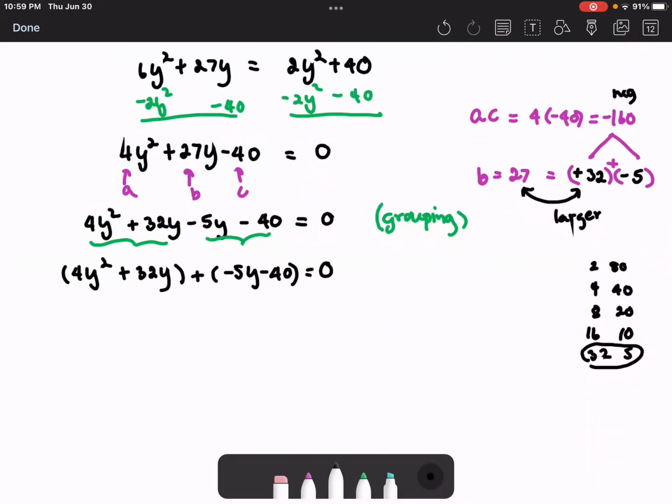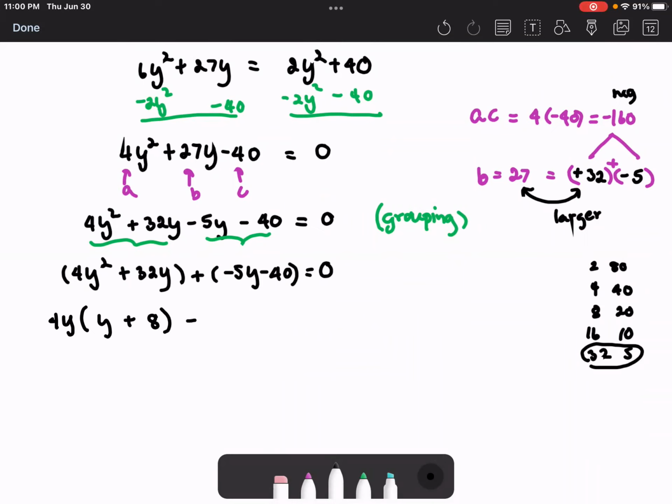And then factor the GCF, or the greatest common factor. In the first group, the greatest common factor of the numbers would be 4. For the y, it would be the lowest power, which is y to the first power. The remaining factor would be y plus 8.